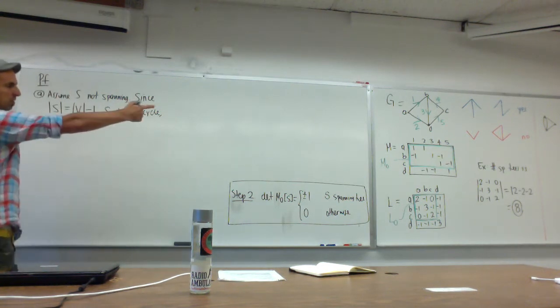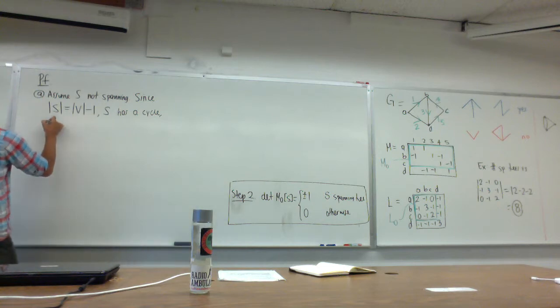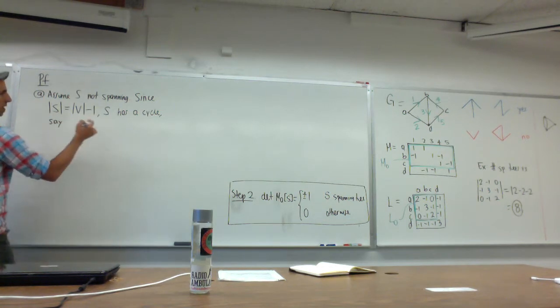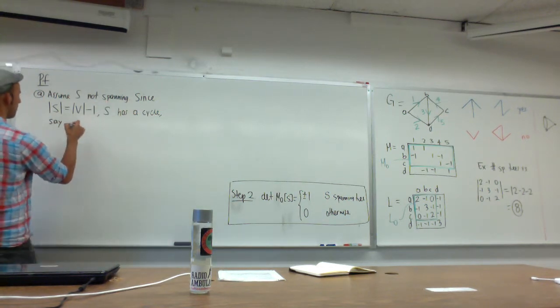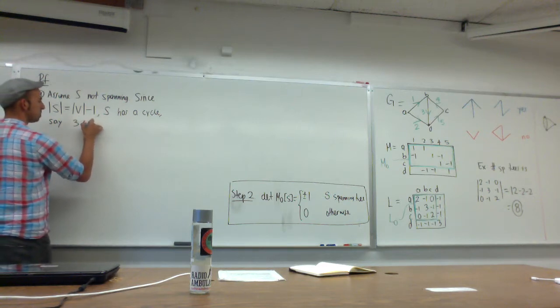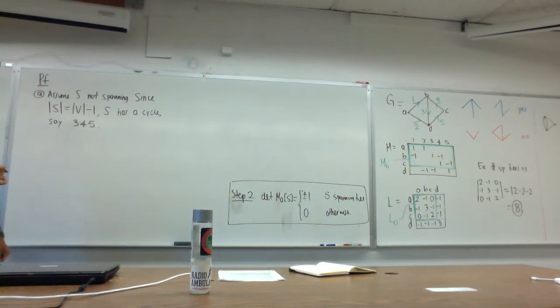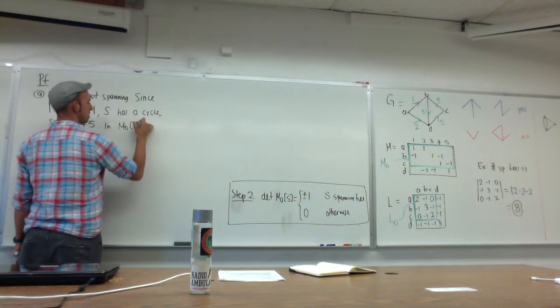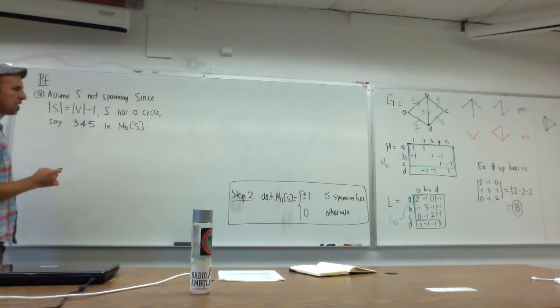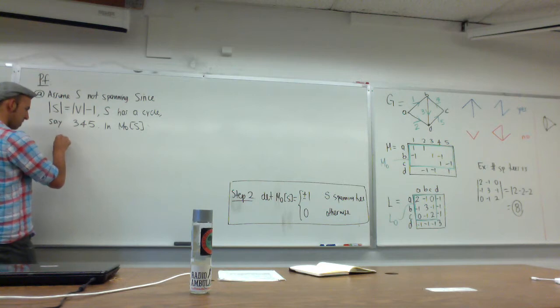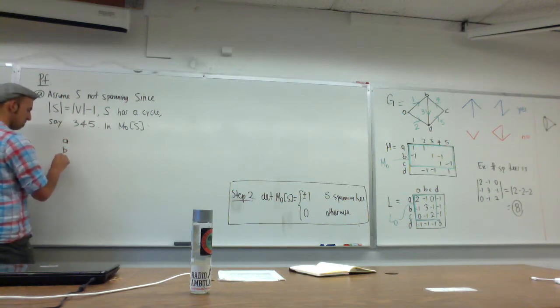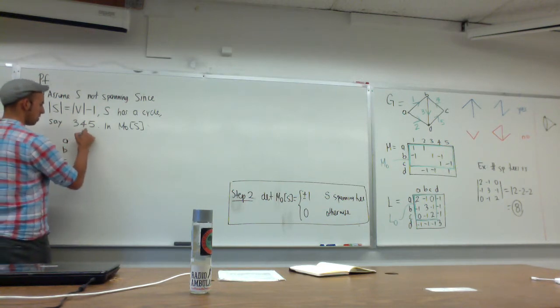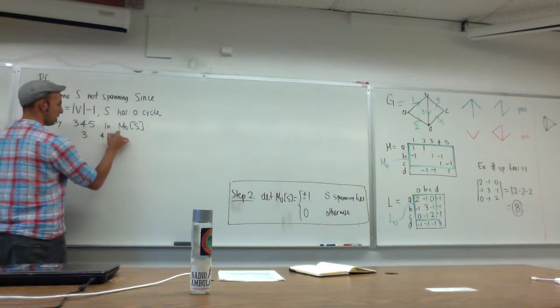And maybe we can consider what that looks like over there. Say, I don't know, 3, 4, 5 in that example. So 3, 4, 5 is a cycle there. So how does that look in M0 of S? In M0 of S, I have my submatrix A, B, C, 3, 4, 5.